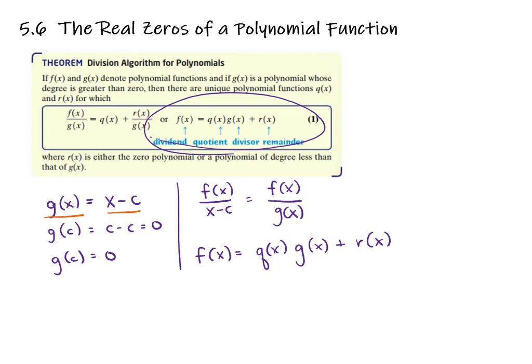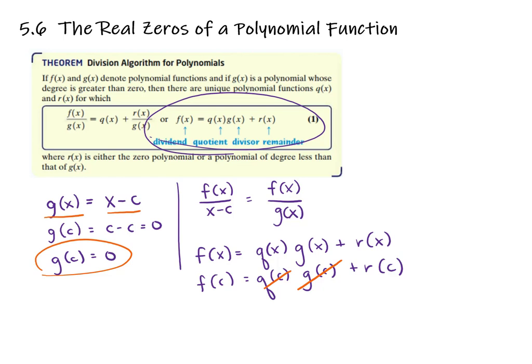Well, what happens when you plug in c? You would get f of c, q of c, g of c, and r of c. But recall from our work on the side that g of c is equal to 0. So this is going to be equal to 0. So we're going to cancel it out.